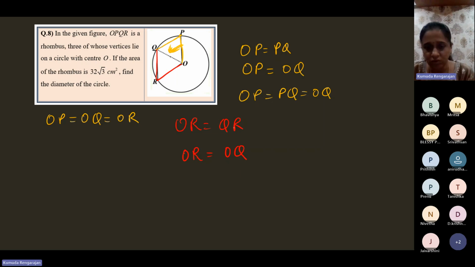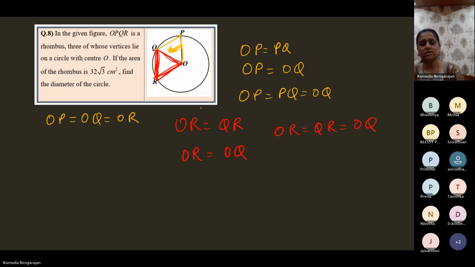So OR is equal to QR, but OR is equal to OQ. So when you compare these two results, we have OR is equal to QR is equal to OQ. The three sides are equal. And you see that this side is common to both the triangles. So both the triangles are identical equilateral triangles.